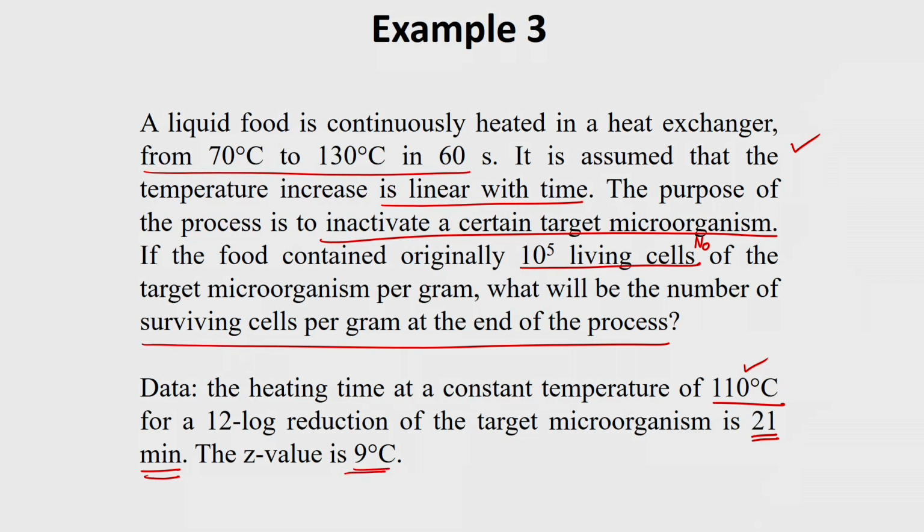So, with that we are supposed to calculate what should be my N at the end of the process. For that, first we have to calculate the equivalent F naught process, and from there we compare both the reference as well as our actual situation. Then from there we will calculate the N value.